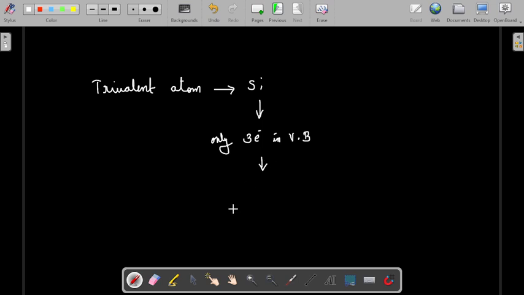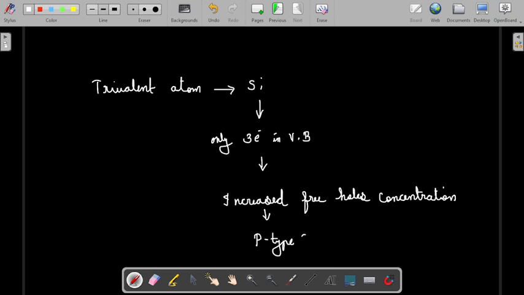So this will form an increased free hole concentration. So this is the concept behind that. So it will result in a p-type material with more free holes, more free hole concentration.